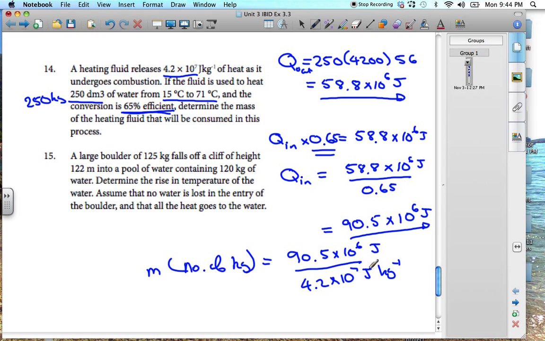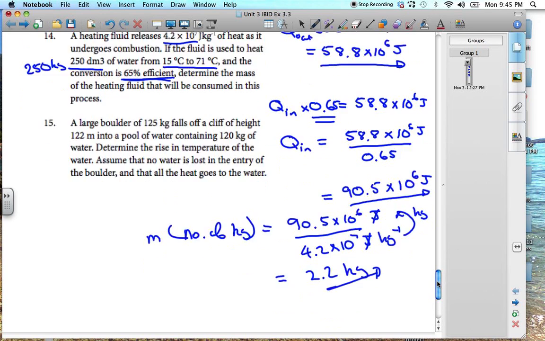So as you can see, our joules will cancel, our kilogram will go to the top and it'll become kilograms. So we just divide this value by 4.2 exponent 7, and we get that it is 2.2 kilograms would be required. Alright, so I hope that makes sense.